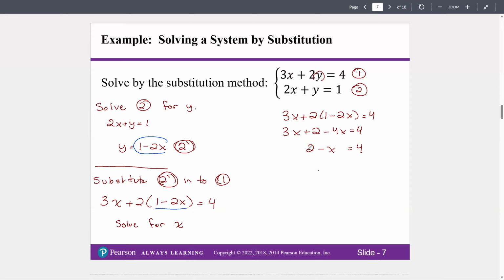If we subtract 2 from both sides, we get negative x is equal to 2. And if we divide both sides by negative 1, x is equal to -2. There's a mistake. Just a minute here. No, there's not a mistake. This just looks similar to the lines that we had last time. It's not exactly the same. So no, it is x is equal to -2.